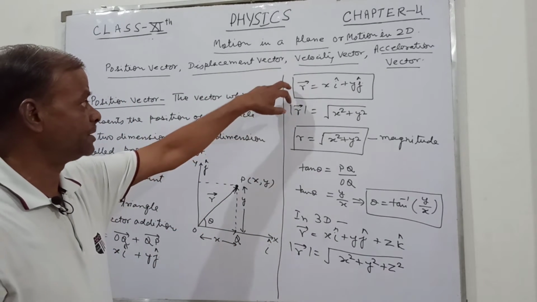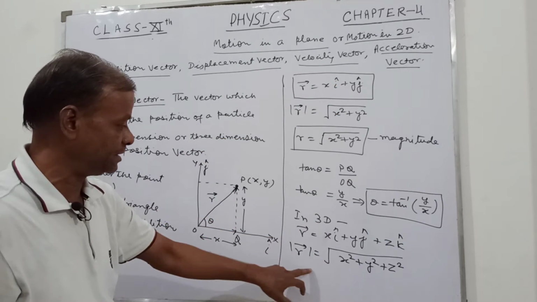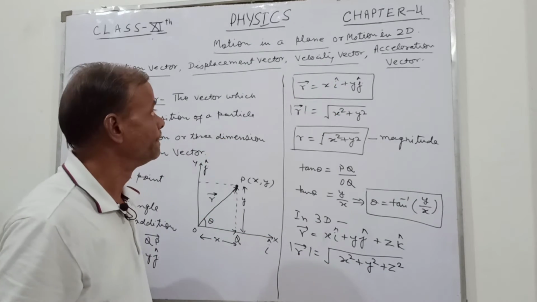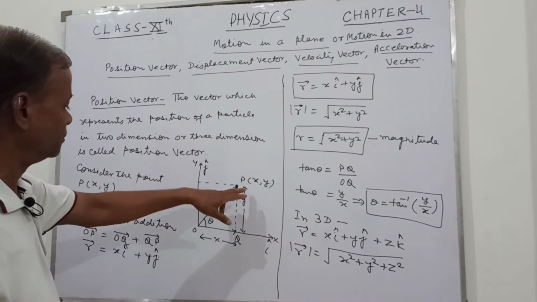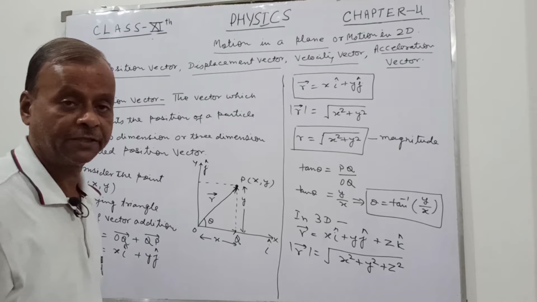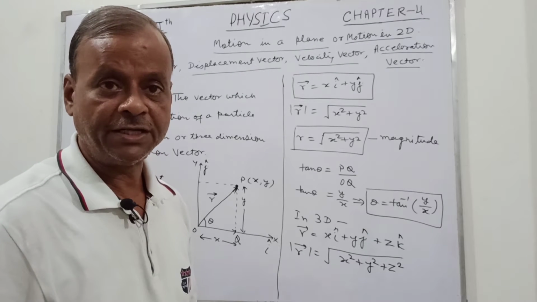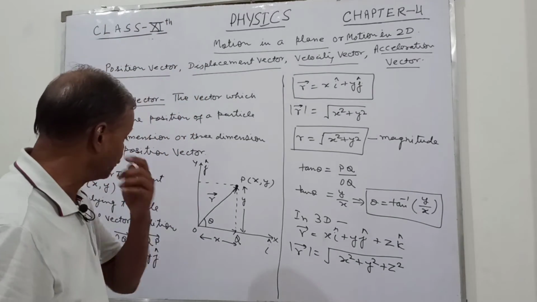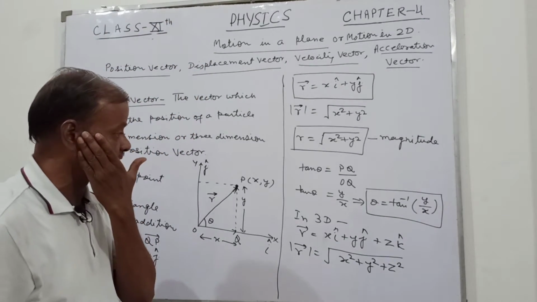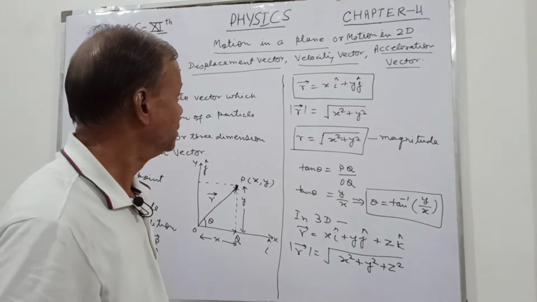So this is the position vector of the point P, representing the position in space where it is located. We have taken the x, y two-dimensional representation.